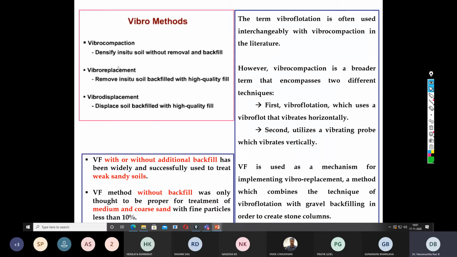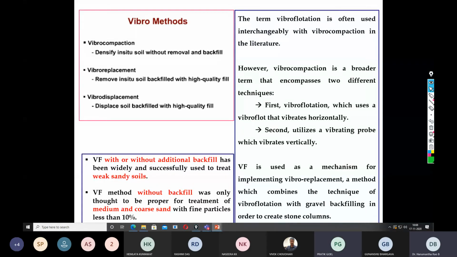That I will explain later. Then the vibro flotation method without backfill was only thought to be proper for treatment of medium and coarse sand with fine particles less than 10%. We did discuss this in the previous slide. So we can go for vibro compaction or vibro replacement depending upon with or without addition of a backfill material.